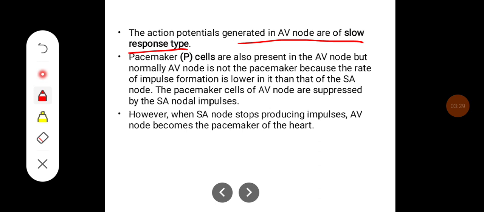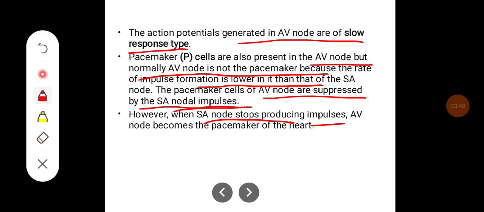Pacemaker cells are also present in the AV node, but normally the AV node is not the pacemaker because its rate of impulse is lower than that of the SA node. The pacemaker cells of the AV node are suppressed by SA nodal impulses. However, when the SA node stops conducting impulses, the AV node becomes the pacemaker of the heart.